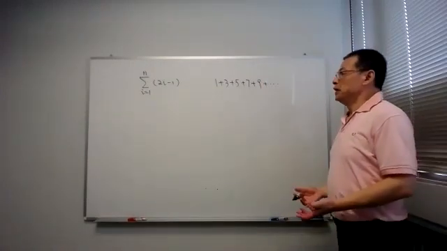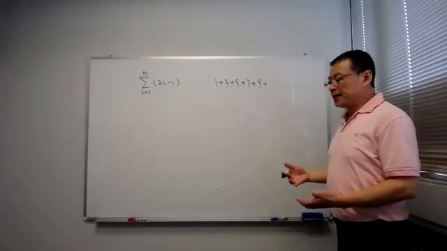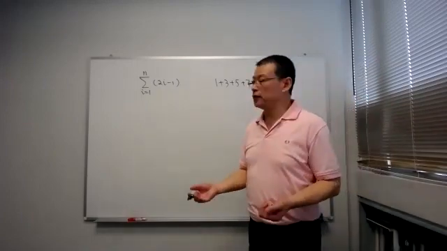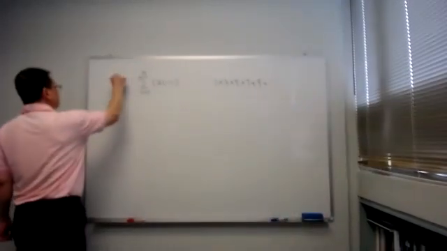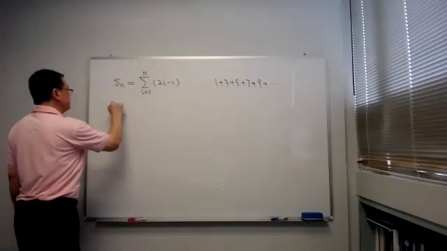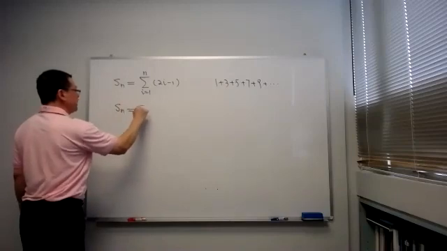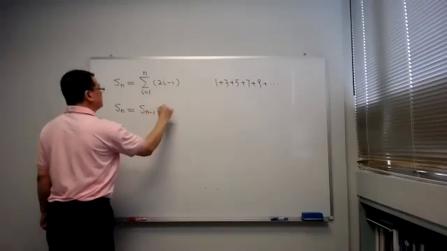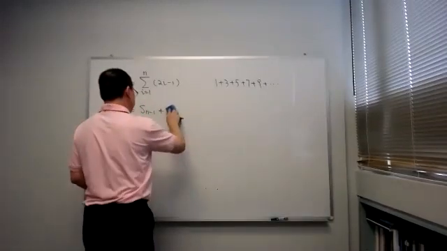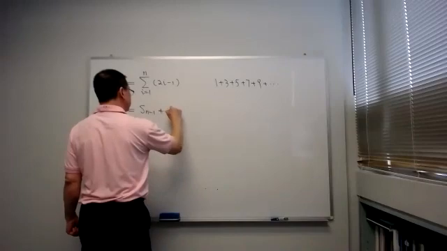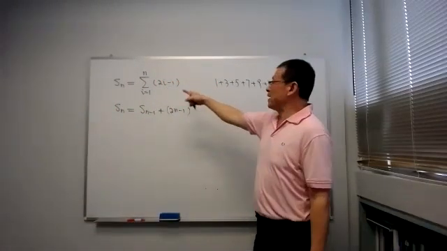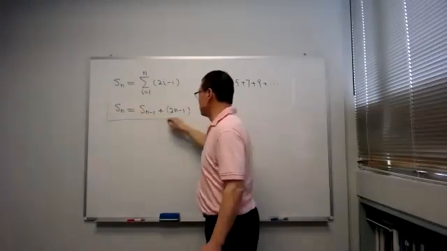So one way to obtain a closed formula is to use recurrence relation. So suppose this one we denote as Sn. All right. Now Sn can be represented as Sn minus 1 plus 2n minus 1. So that's the recurrence relation for this summation. We can obtain this summation.